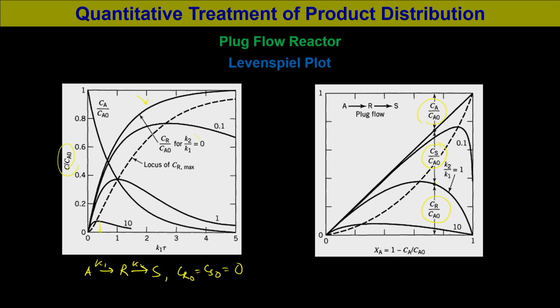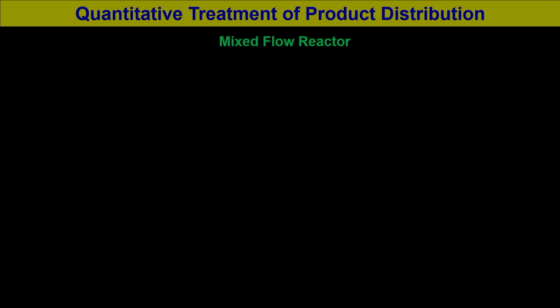Now, let us look into the mixed flow reactor. In a mixed flow reactor, let us develop the concentration time curve, and we start with no reactant or intermediates or product present. That means Cr naught is equal to Cs naught is equal to 0.